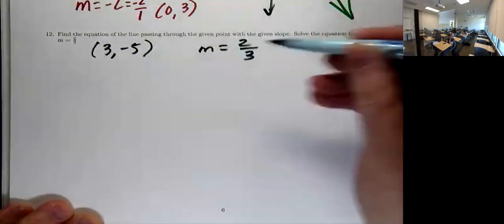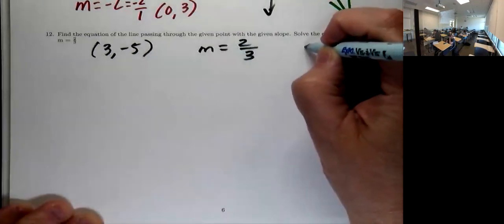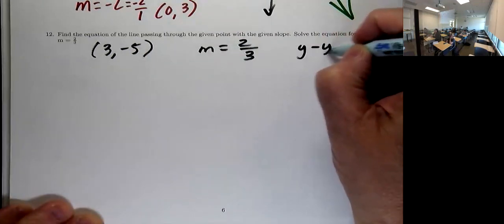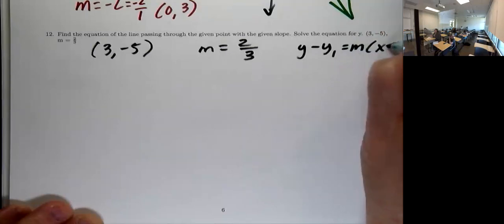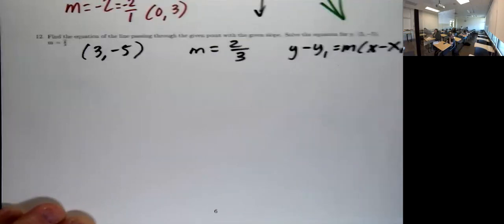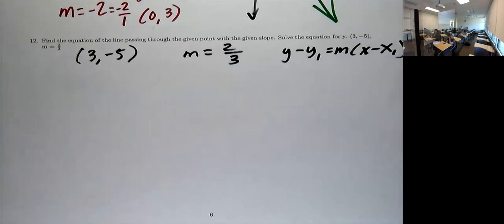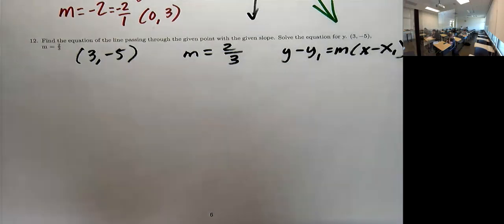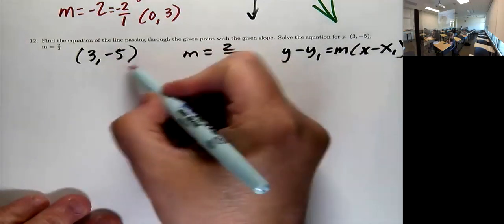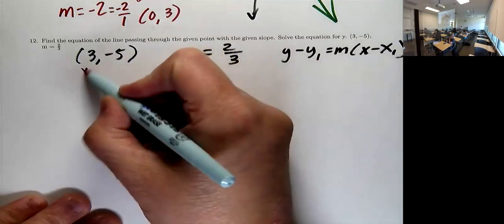There is another equation that is y minus y1 equals m times x minus x1. So I'm going to treat this as my point. I will call this x1 and this y1.